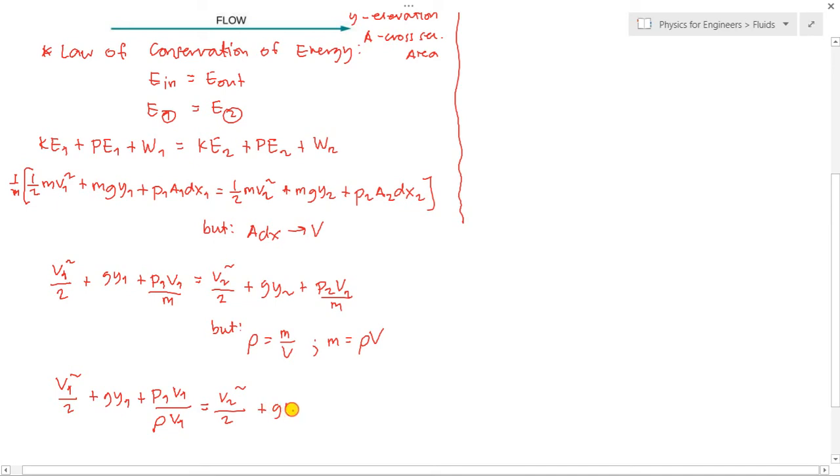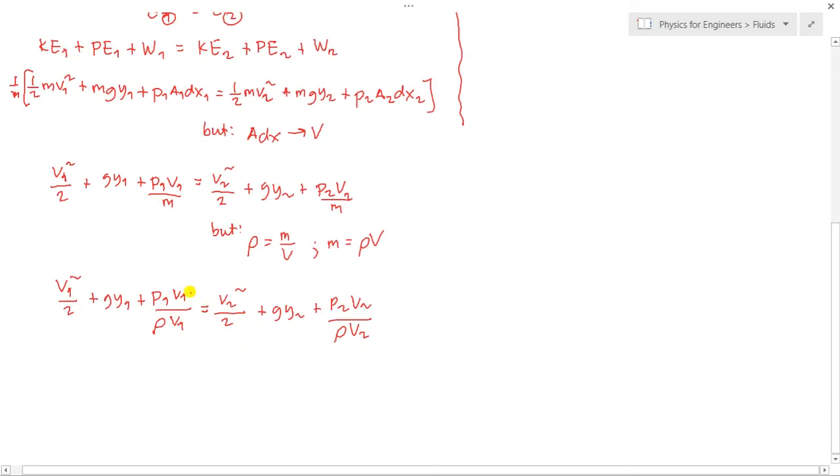Here the volume flow rates cancel. Then we can multiply everything by 1 over g.